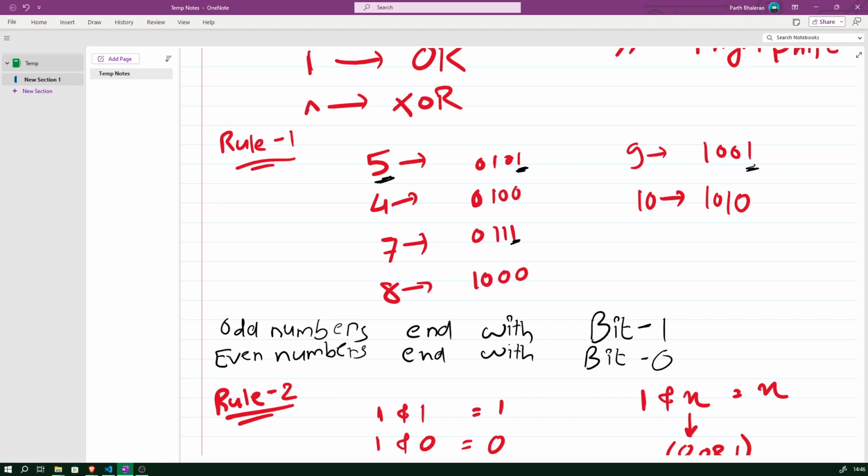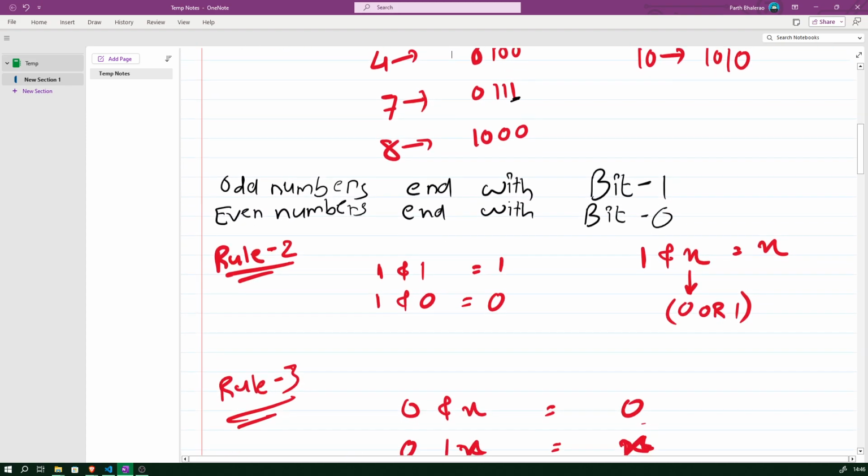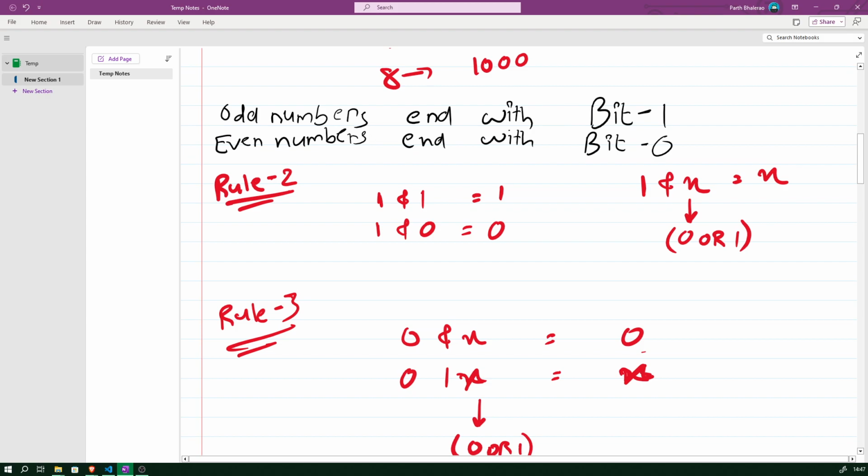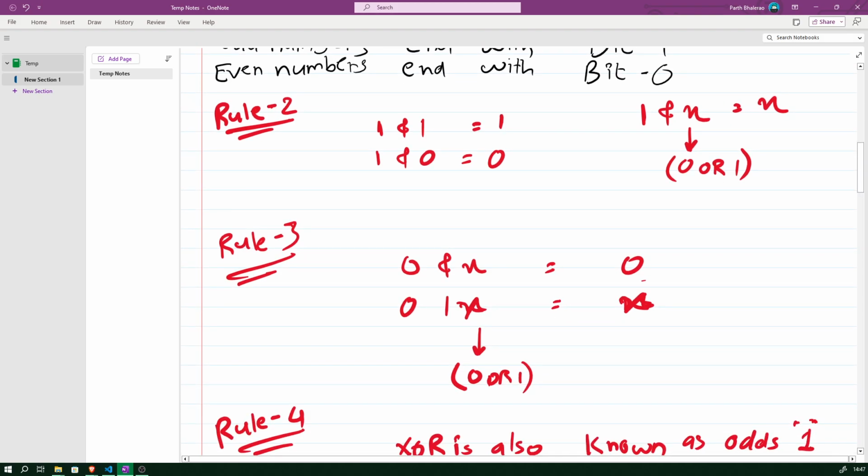Rule number 1 was that every odd number ends with bit 1, and every even number ends with bit 0. Then 1 and 1 is equal to 1, and 1 and 0 is equal to 0. So basically 1 and x, where x is any bit, is equal to x. 0 and x is equal to 0, and 0 or x is equal to x.